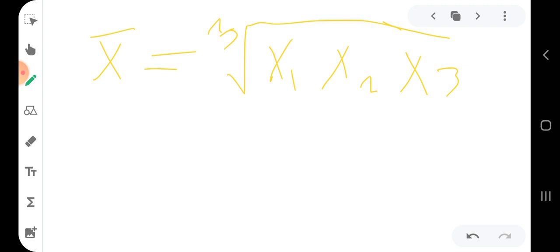It's not a power actually, it's the index of the root. Okay, so you get the idea. And as you have more values, you increase the index of the root. This is what we call a geometric average.